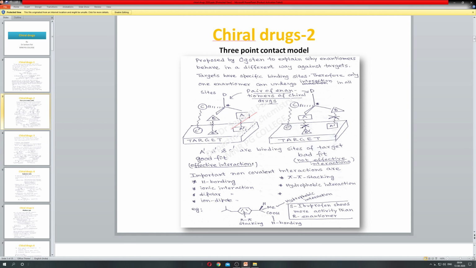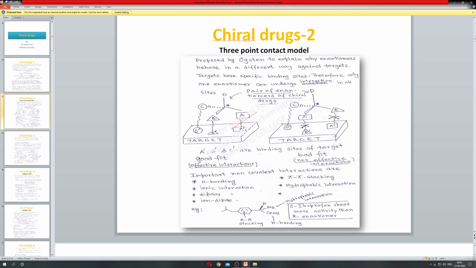Now if you see this pictorial representation, this is the target present inside our body. It can be a protein, a carbohydrate, or a nucleic acid, and we are considering that there are 3 points.